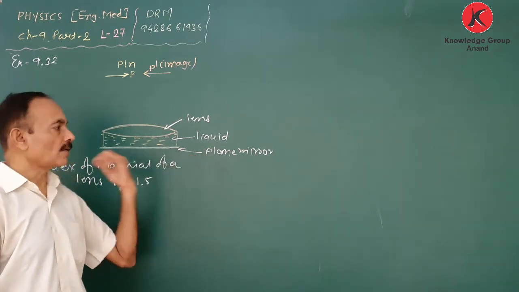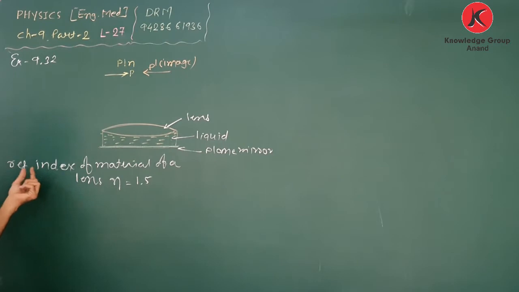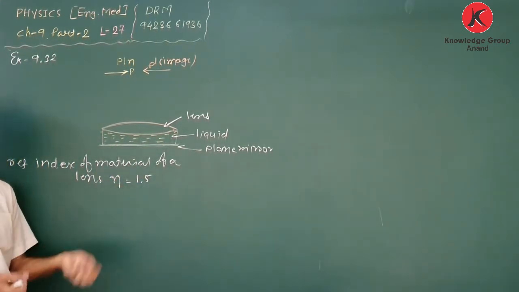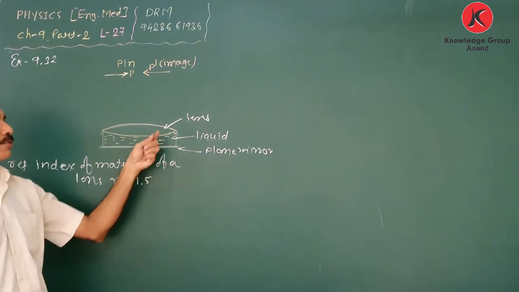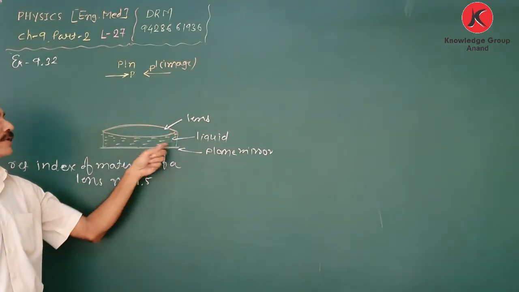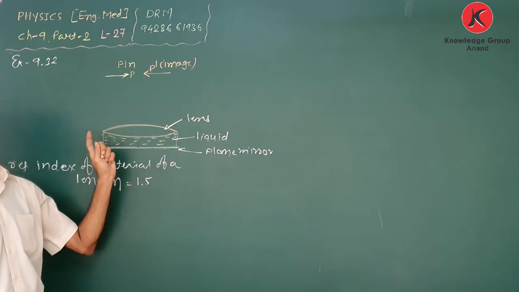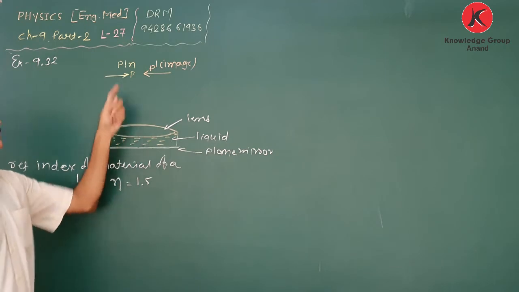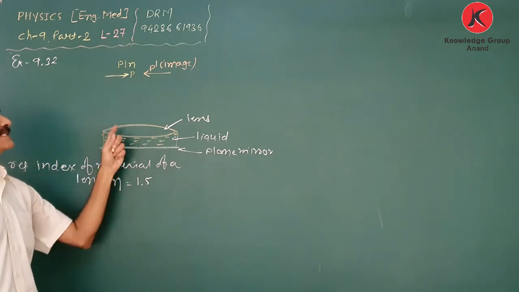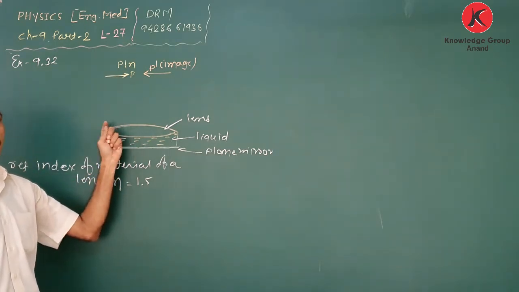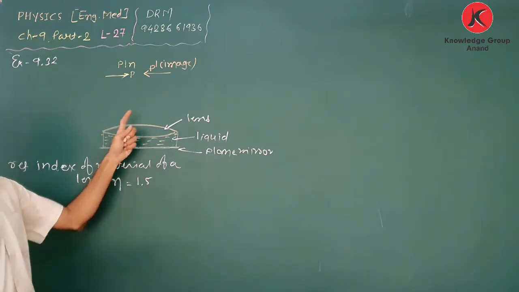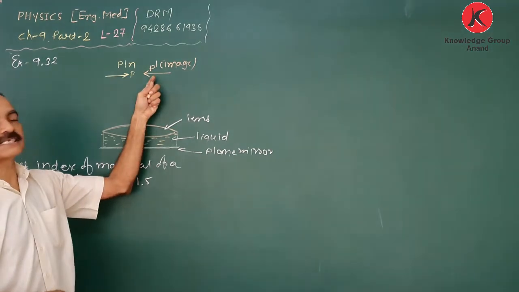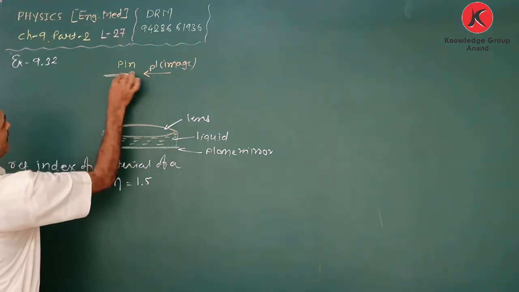The refractive index of the material of the lens is given, n equal to 1.5, and this lens is placed on a layer of liquid on top of a plane mirror. Now a pin with its tip on the principal axis of the lens is moved along the axis in such a way that its inverted image is formed. That is our object pin.